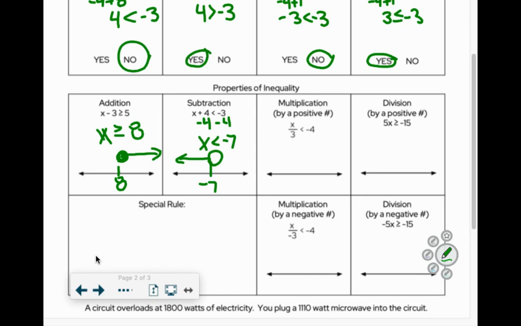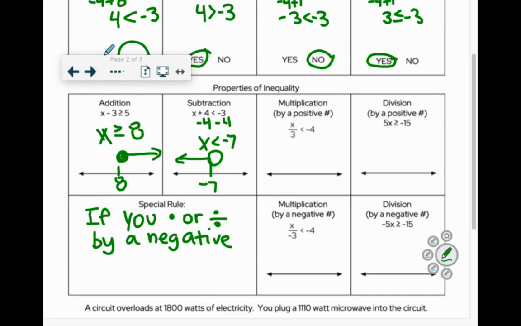Here is the special rule. If you multiply or divide by a negative number, you have to flip the symbol.